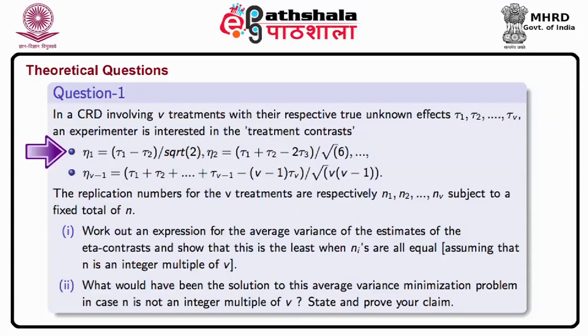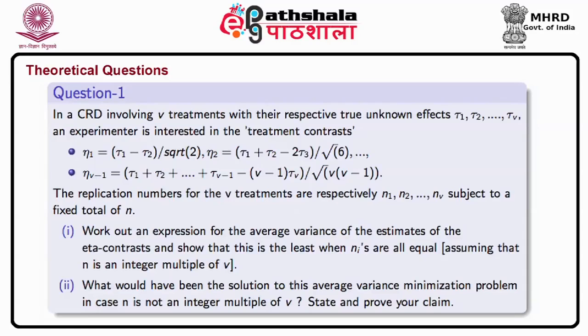Eta 2 equal to tau 1 plus tau 2 minus 2 tau 3 over root 6, etc., etc. The last one, eta v minus 1 equal to tau 1 plus tau 2 plus ... plus tau v minus 1 minus (v minus 1) times tau v divided by square root of v into v minus 1. The replication numbers of the v treatments as usual are respectively N1, N2, ..., Nv subject to a total of small n.